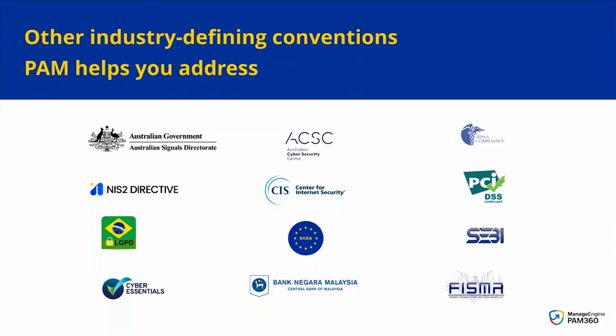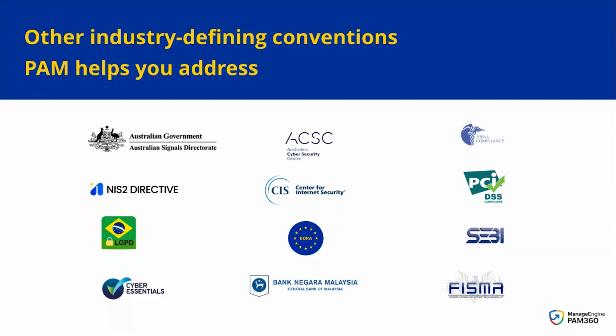You also need FISMA compliance if you're going to take government contracts with American organizations. It helps you achieve parts of the DORA compliance as well. PAM as a concept is omnipresent when you start talking about compliance, and it is the core functionality that any compliance requirement talks about when it comes to cybersecurity.